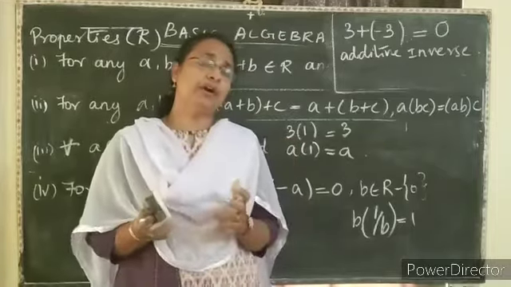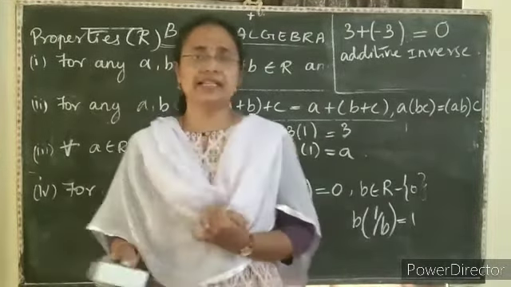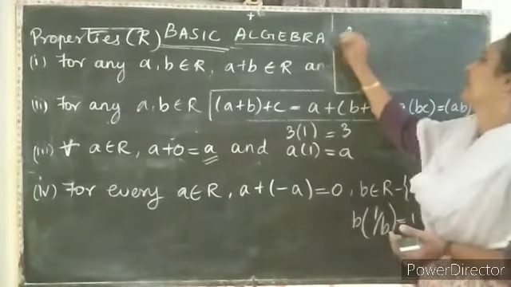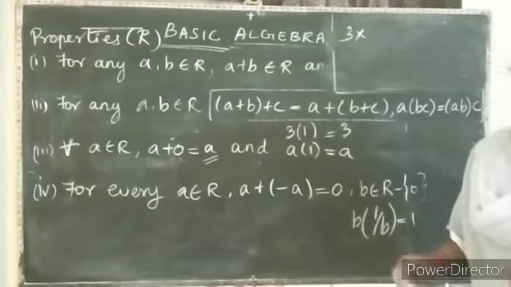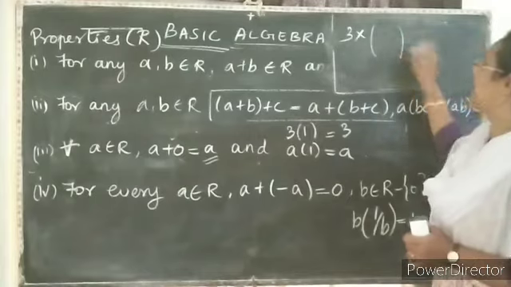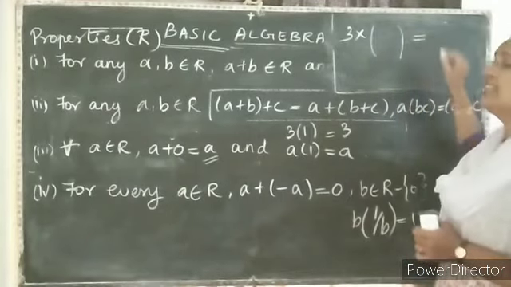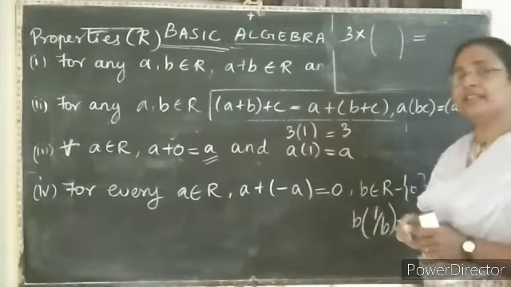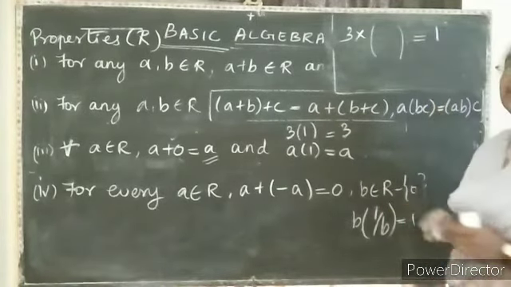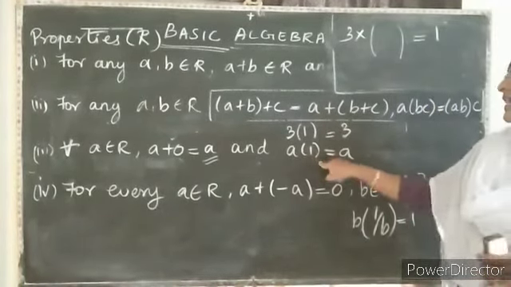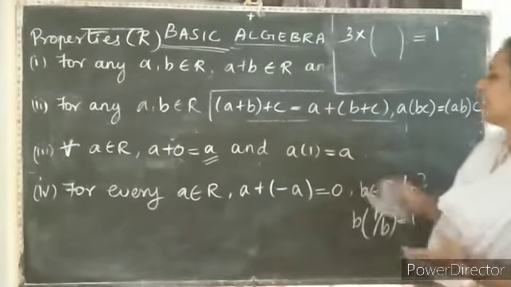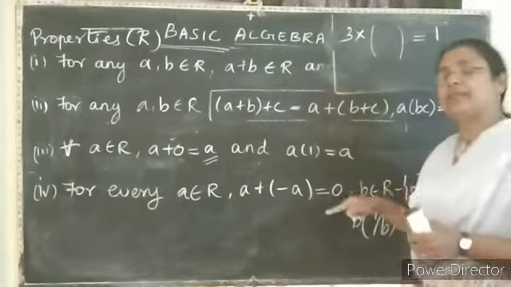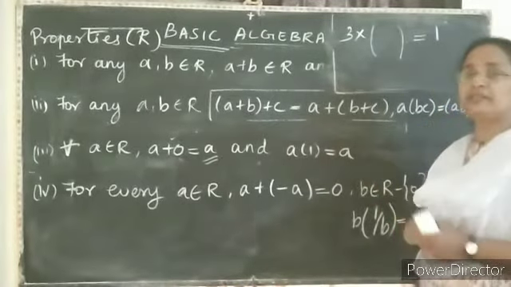Now we have to go for multiplicative inverse, isn't it? Okay, now we can discuss with the same example 3. இந்த 3 கூட நான் எதை மல்டிப்ளை பண்ணா again I get the identity, multiplicative identity. What is the multiplicative identity? 1. Is that no? That's what that property said, isn't it? அப்போ 3 கூட எதை மல்டிப்ளை பண்ணா எனக்கு ஆன்சர் 1 வரும்.